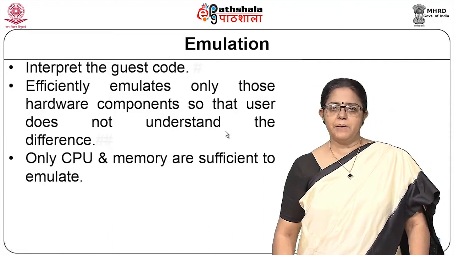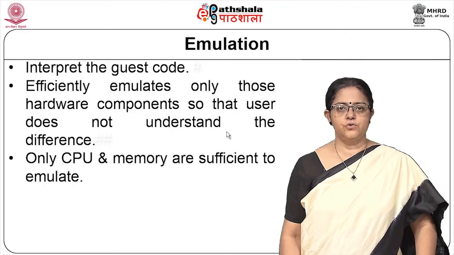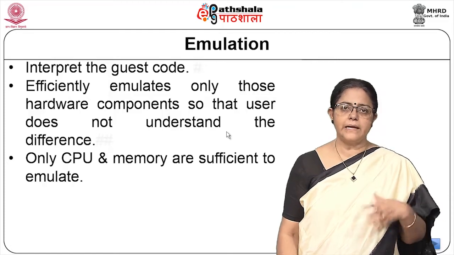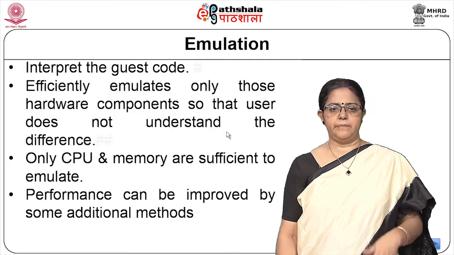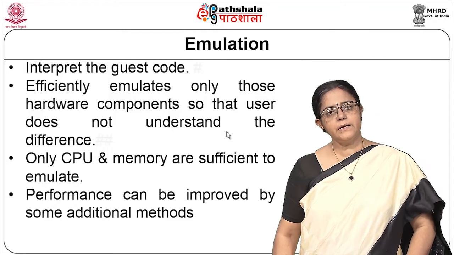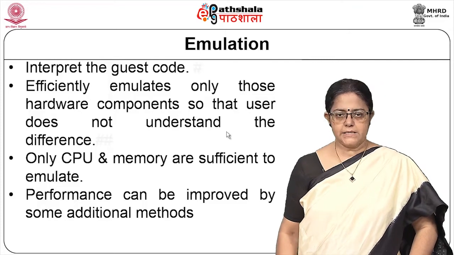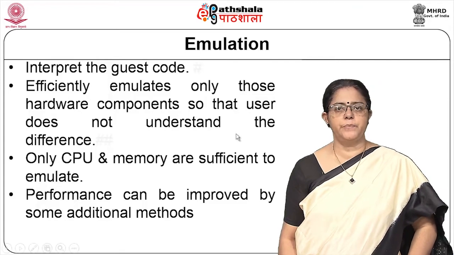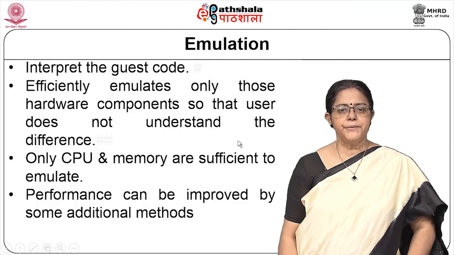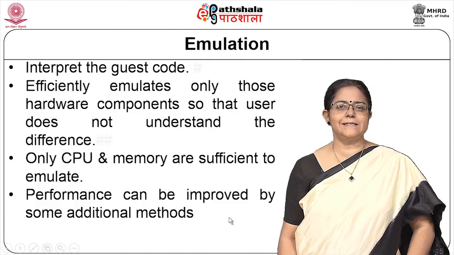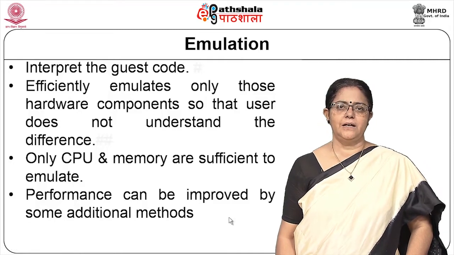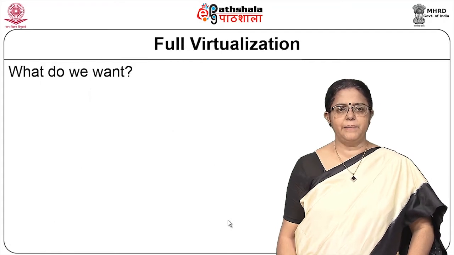Therefore, CPU and memory are sufficient to emulate. So, emulate the CPU, emulate the memory, and it can be done. However, as we already saw, performance will not be as good, and therefore, it is not a preferred method. In case it is required, some additional mechanisms can be implemented.